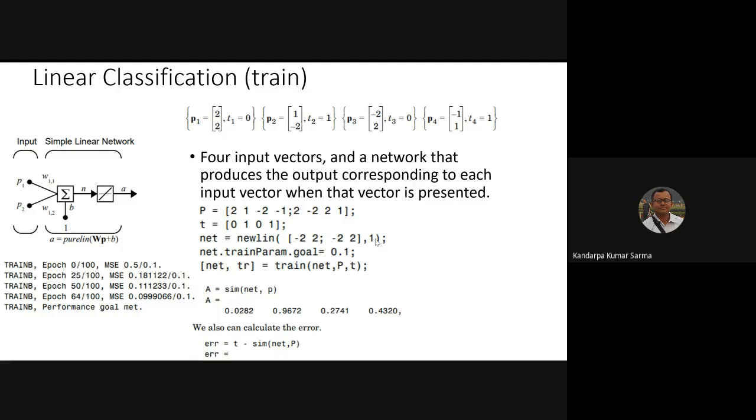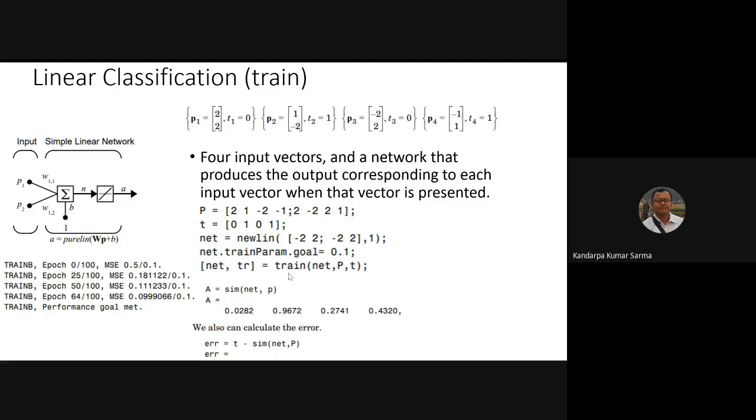While we train the network, the linear classifier or the linear discriminant function, we have set a training goal of 0.1, and then we can carry out the training.